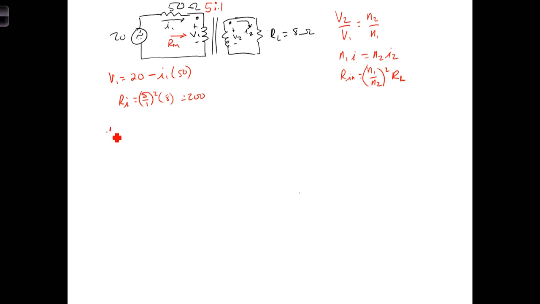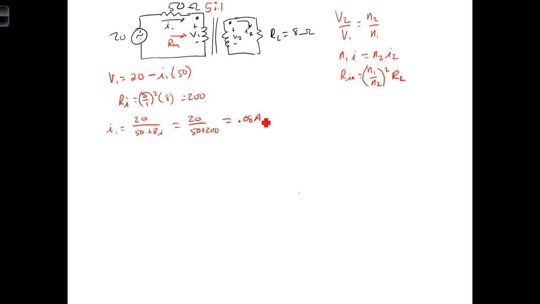Therefore, I1 is going to equal 20 divided by 50 plus Rn, which is 20 divided by 50 plus 200. That gives us 0.08 amps.